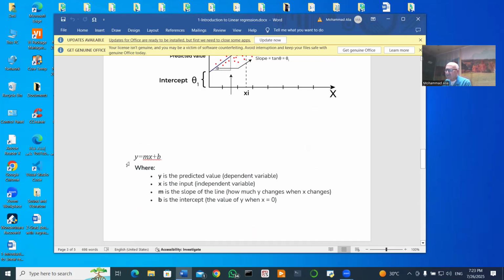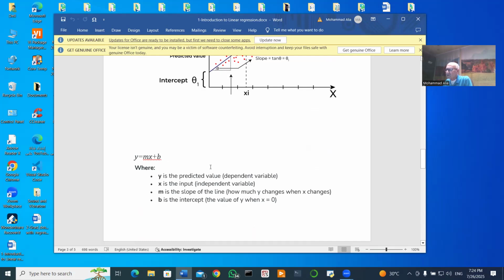This is the general form of a linear function, which could be used as a linear regression function. The coefficient m usually is referred to as the slope of the line, and b usually represents in mathematics the intercept or the bias value when x equals 0.